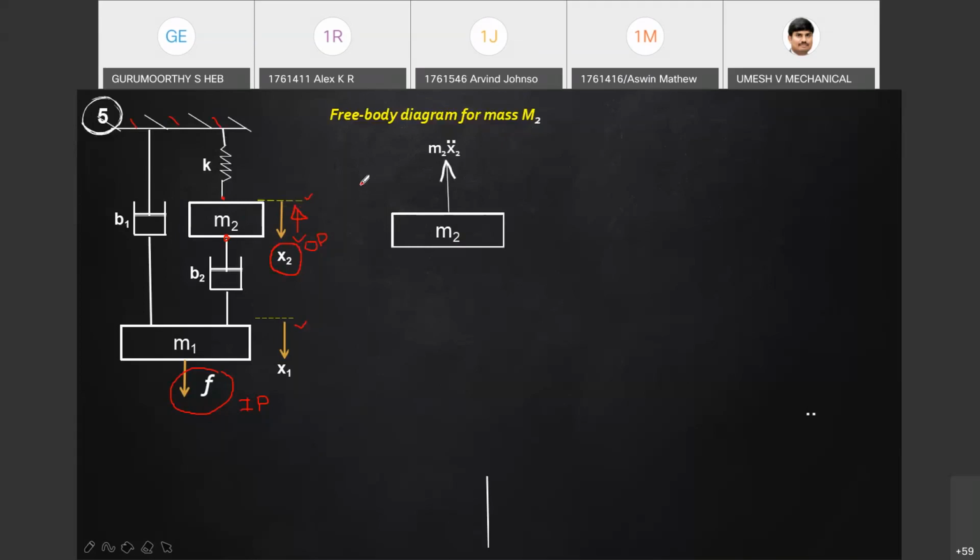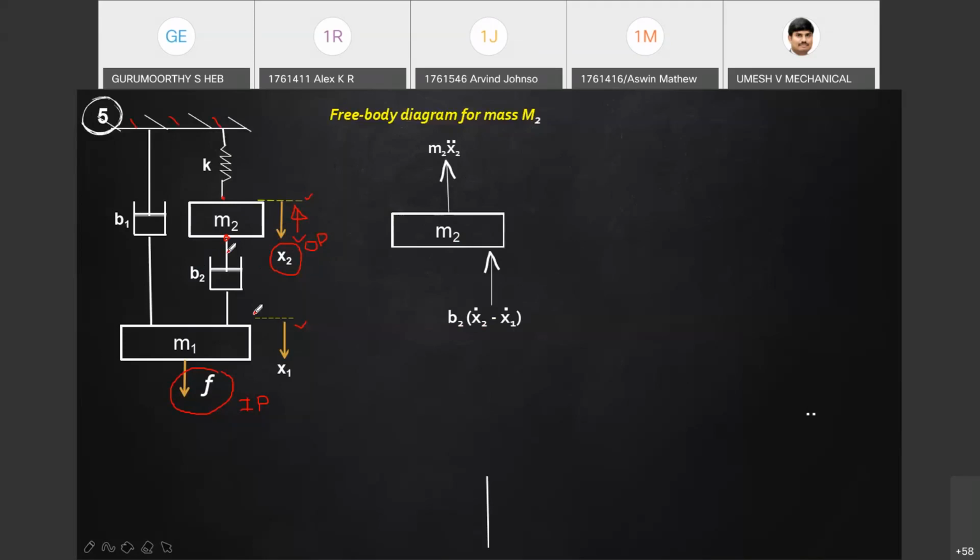Another is because of K and dashpot B2. They both resist the displacement. Given they oppose the displacement, the force should be taken in a direction opposite to the given displacement, which is downward. So you should consider the spring and the damper force opposite to that, always upward.